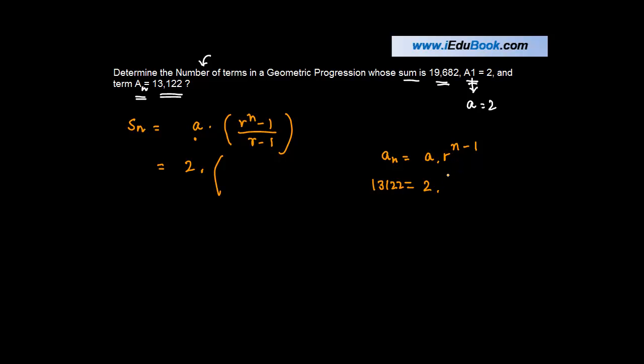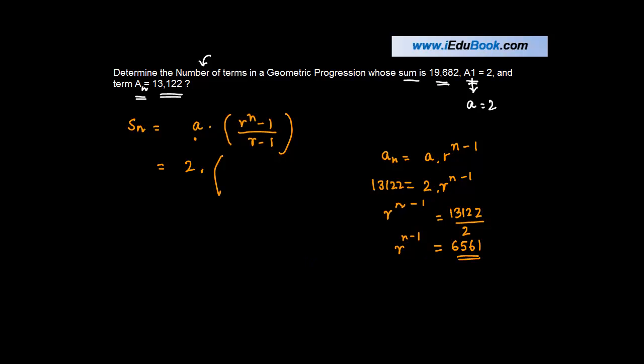Do we know what is the common ratio in this case? No. And we also don't know how many terms there are, so we just write this as r to the power n minus 1. Or simply we can write r to the power n minus 1 is equal to 13122 divided by 2. So r to the power n minus 1 is equal to 6561.